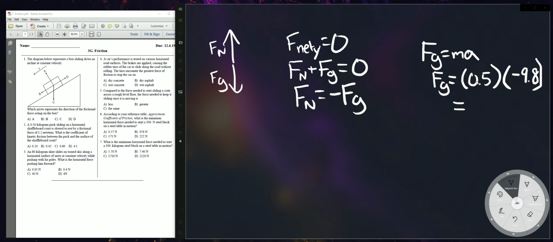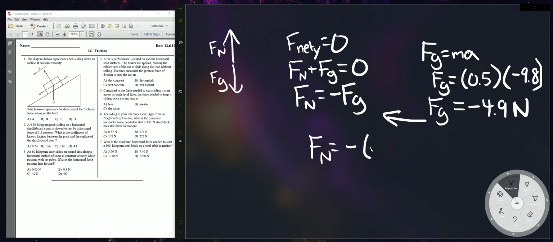So 0.5 times negative 9.8 gives negative 4.9, and that's the force due to gravity in newtons. Then if you plug this in over here, you get Fn equal to 4.9 newtons.